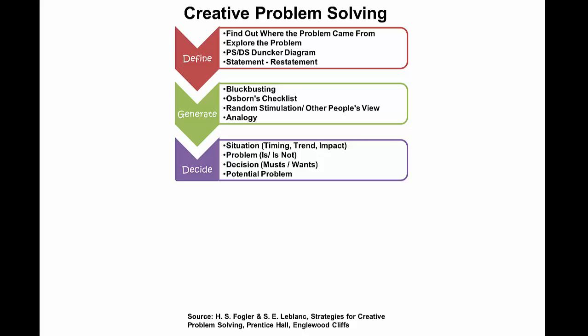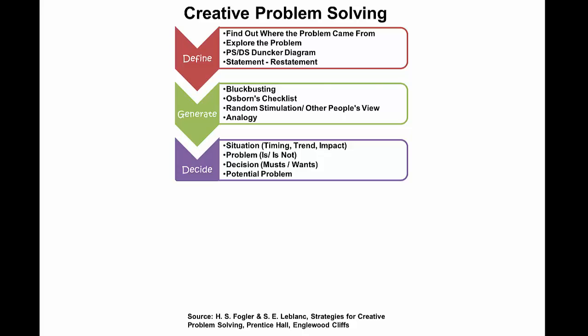The third step is decide. We want to decide on many criteria, like the situation. We want to know how fast we need to solve this problem. Think about that you have 3-4 problems at the same time and you want to give priority to one of them. You can see, okay, what's the impact of our solutions for each of these problems?